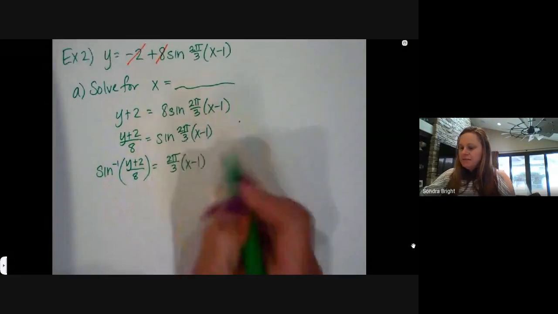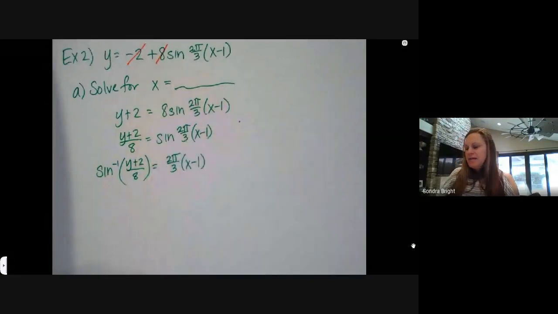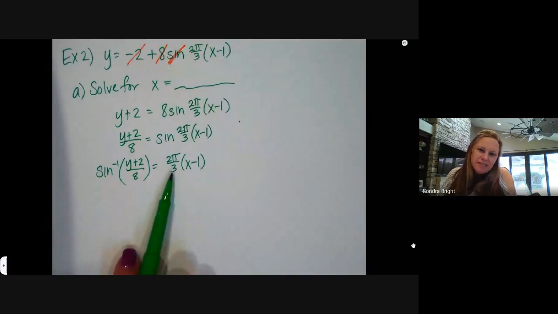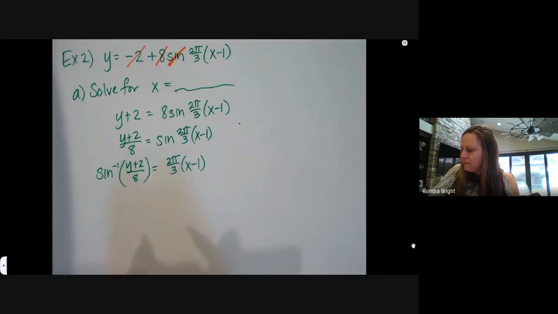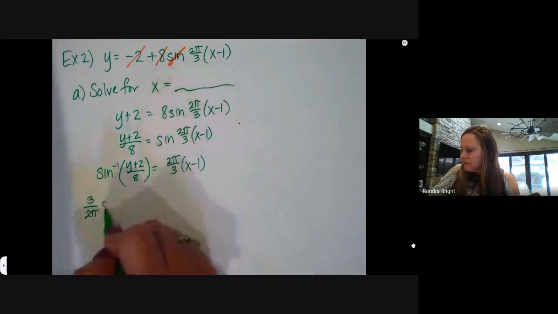Sine, ta-ta. Next step, get rid of the 2 pi over 3. So you would divide by 2 pi over 3, but ew, who wants to do that? Instead, I'm going to multiply by the reciprocal. The reciprocal of 2 pi over 3 would be 3 over 2 pi times inverse sine of (y plus 2) over 8.